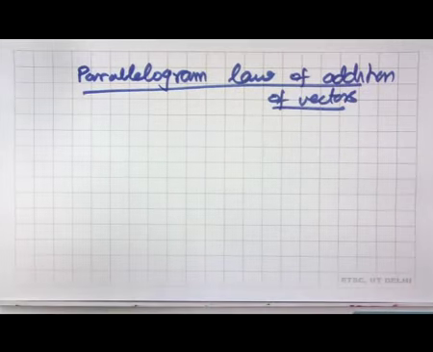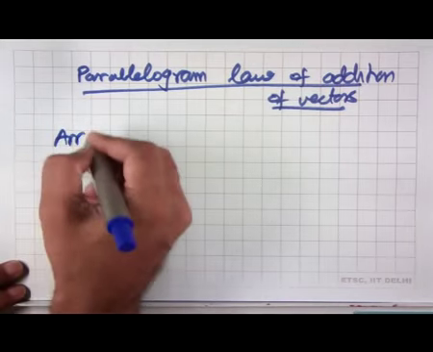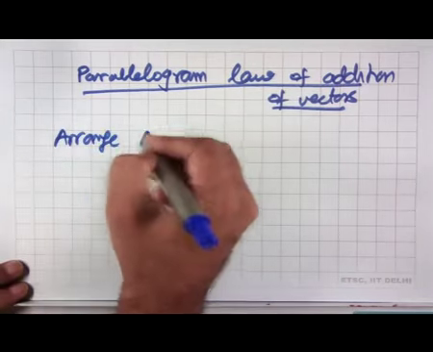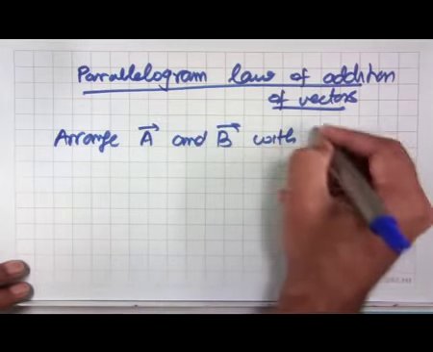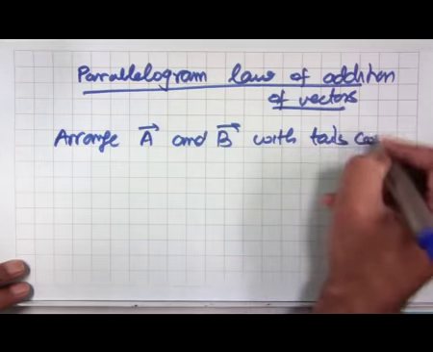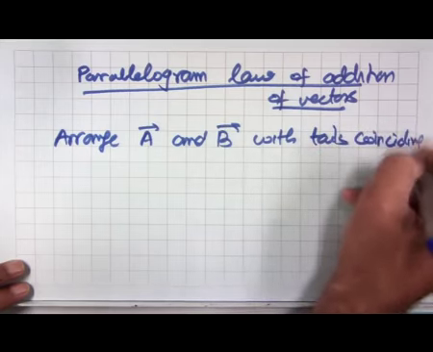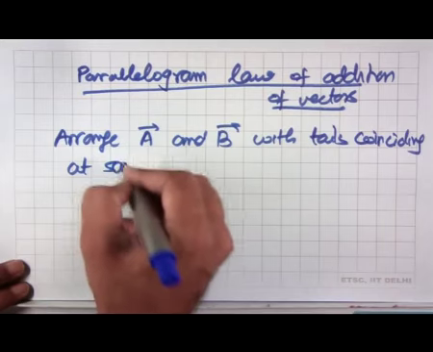And in the parallelogram law, what we do is we arrange vectors A and B with tails coinciding at the same point.